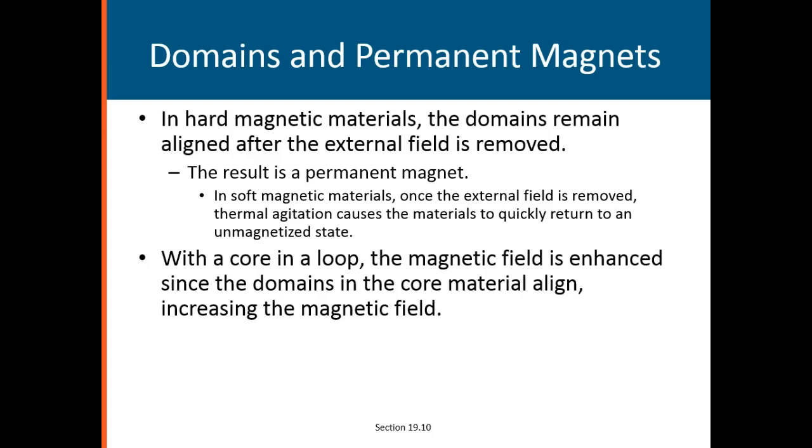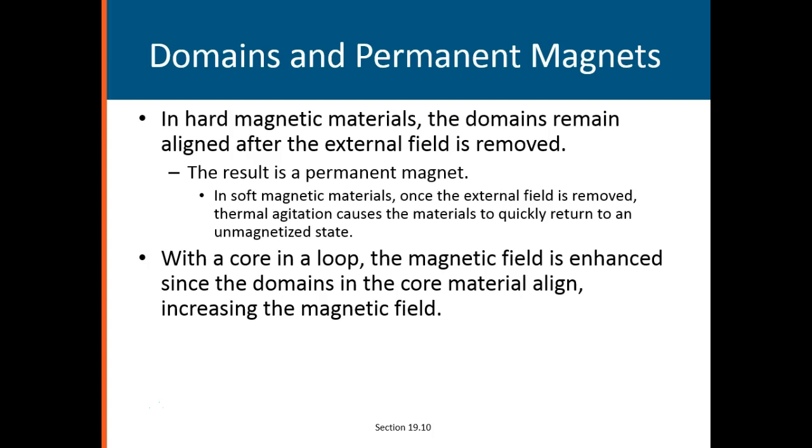In the softer magnetic materials, once the external field is removed, the thermal agitation causes the materials to quickly return to the unmagnetized state. Quickly being the operative word there. I mean, what does it take? Weeks, months, it's not that they permanently stay magnetized.